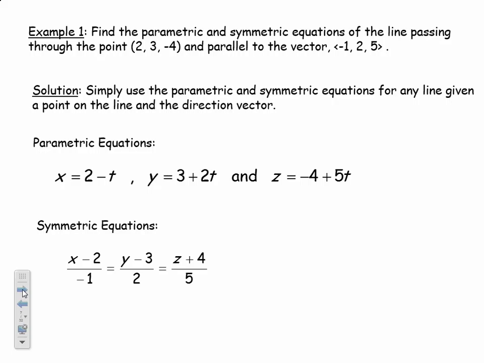If you think about it, x minus the x value over the vector component, y minus the y value over the vector component, z minus the z value over the vector component. And so you could theoretically define this equation in terms of z if you multiply by 5 and then subtract 4.